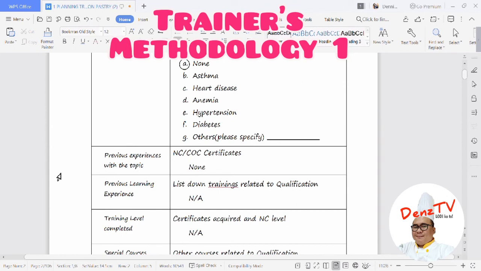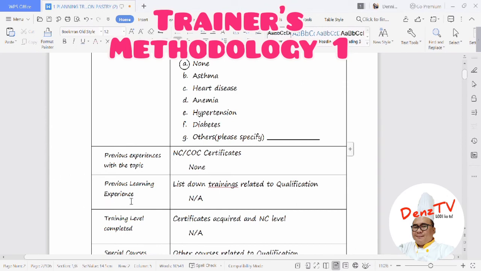So it can be used to your and other trainees' advantage. Diba? So, if you found out that there are previous experiences of your learners, it's really an advantage to you and the trainees. Why? Because it can merely help you along the way. Diba?